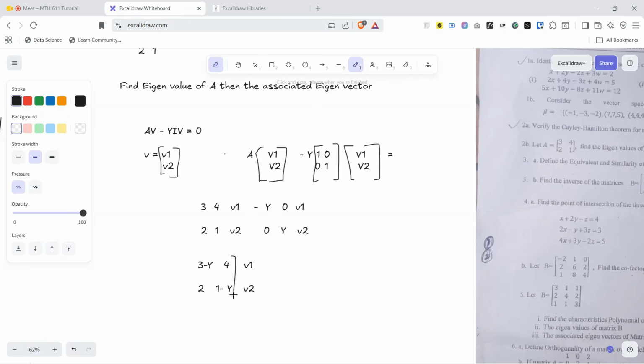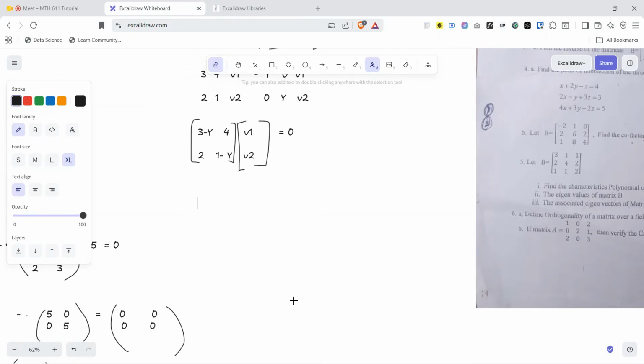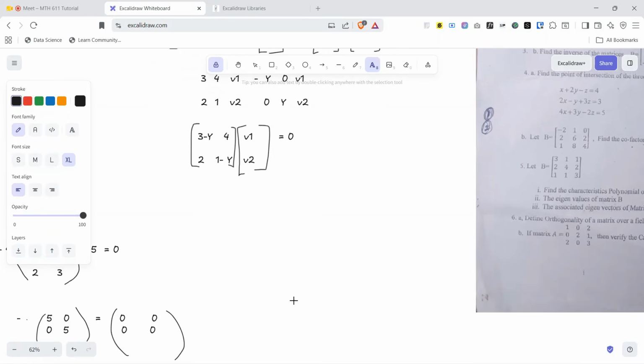So in order to get our answer, we solve what we have inside here first.